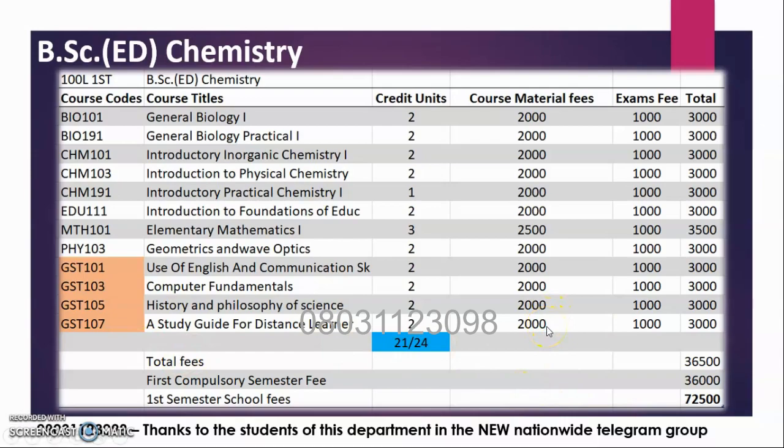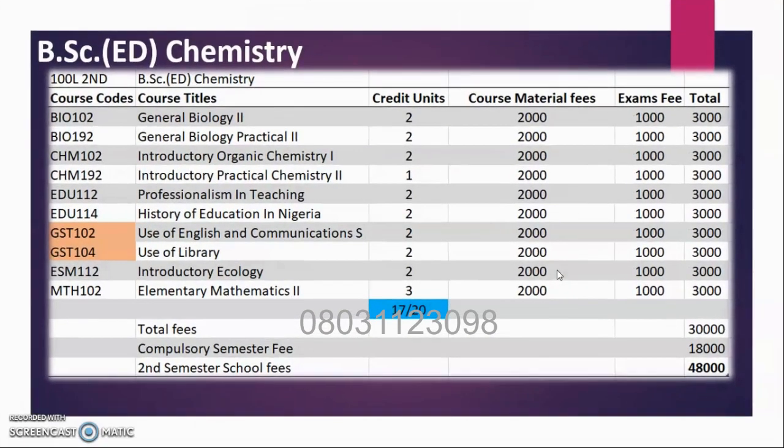Okay. Then we go to 100 level second semester, and here are your courses. Out of this 20, 17 is required of you to pass here, and then you sum the fees up as usual. There's a little error here. This is supposed to be 2,500, so you'll be adding 500 to the total fee.